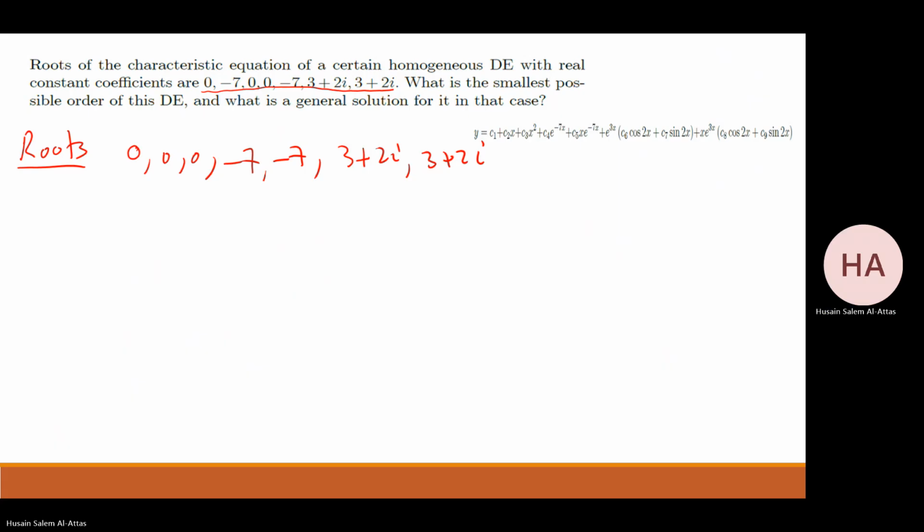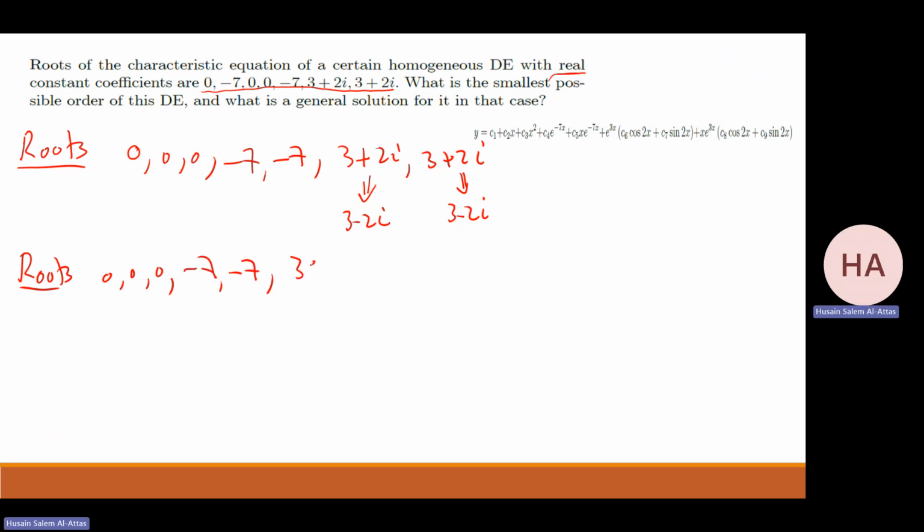Since it's real constant coefficient, if I have 3 plus 2i, for sure 3 minus 2i is there, and for sure 3 minus 2i is there. So my roots are exactly 0, 0, 0, minus 7, minus 7, and this is repeated 2 times.